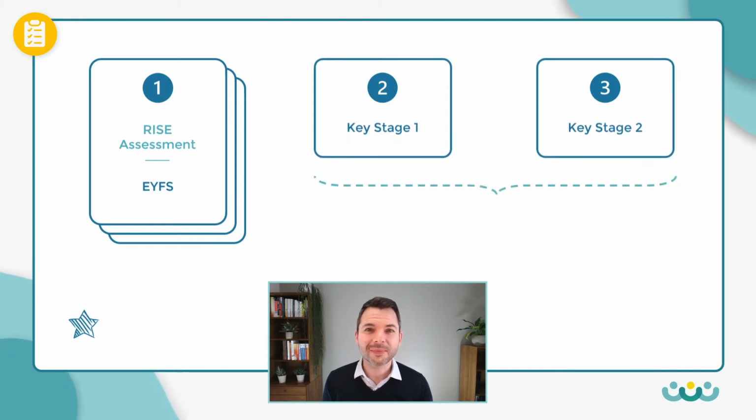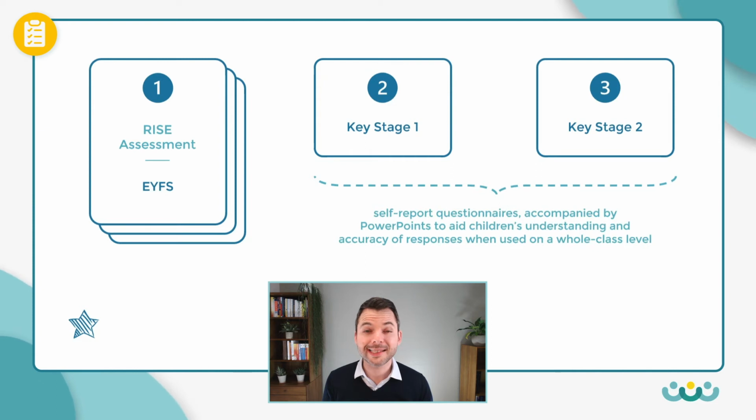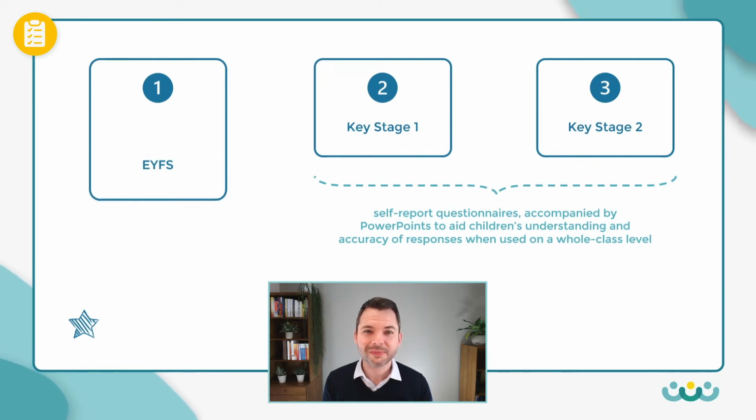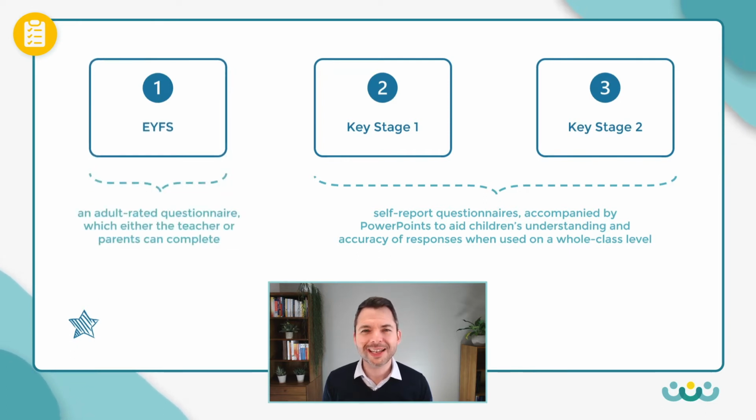Within the Key Stage 1 and Key Stage 2 versions, these are self-report questionnaires, accompanied by PowerPoints to aid children's understanding and accuracy of responses when used at a whole class level. The EYFS version is a little bit different because this is an adult rated questionnaire, and so it can either be completed by the teacher or parents.